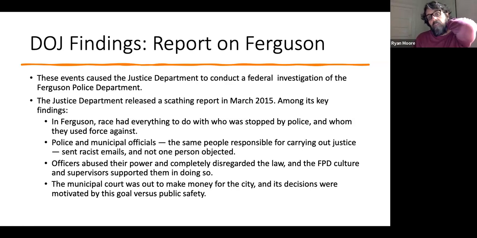And they come out of it after their investigation with this scathing review, this report that's issued in March of 2015. Among its key findings were that in Ferguson, race had everything to do with who was stopped by the police and who they used force against. That police and municipal officials, the same people who are responsible for carrying out justice, had sent racist emails and not one person objected.